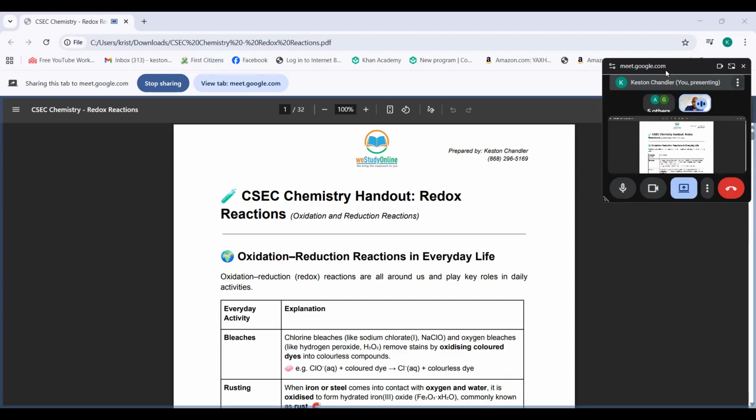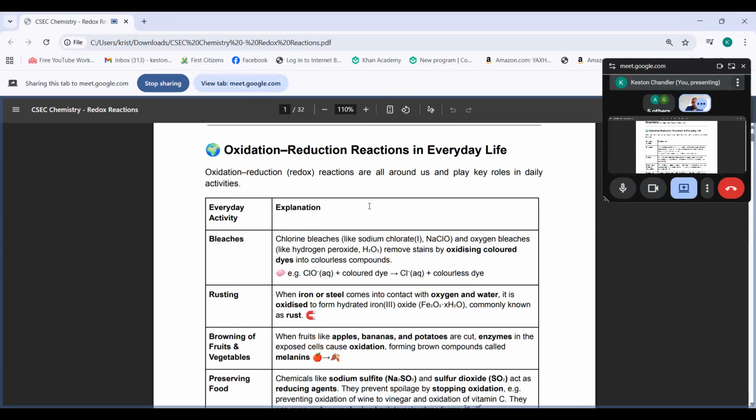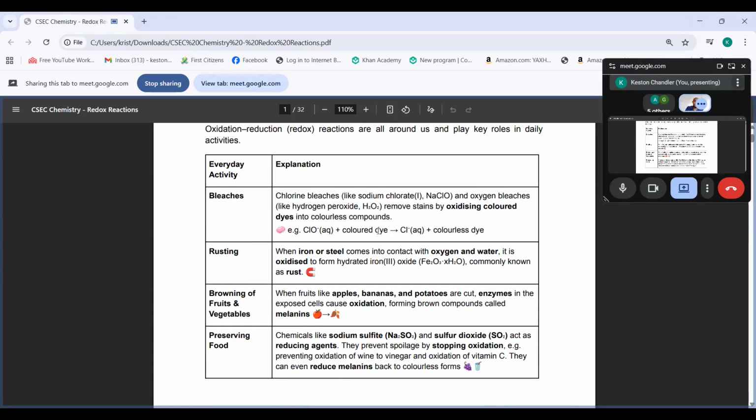The colors or the dyes are oxidized into colorless compounds because the chlorate ion, which is the ClO- ion here, actually reacts with the colored dye. And what happens here is that the chlorine ion itself is being reduced to Cl-, right?